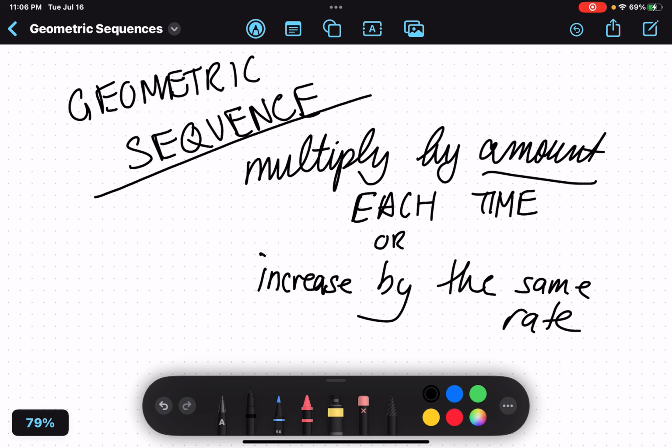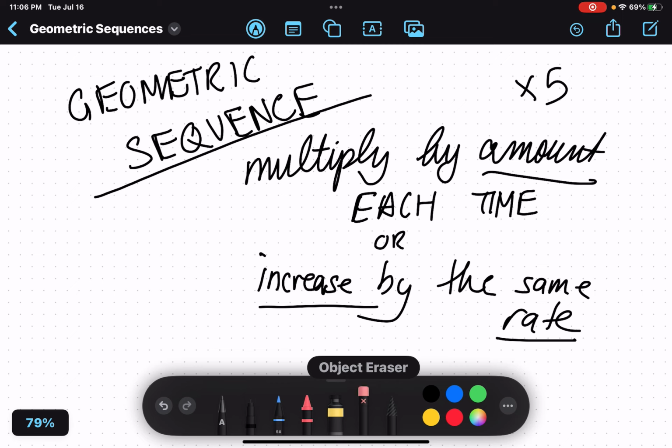Now, amount and rate are different. When you multiply by an amount, it's like you're multiplying by 5 each time. That's fine. But if you're increasing by the same rate, it's basically like percent growth and percent decay. It's not like you're increasing the rate each time, but rather you're increasing by the same rate.